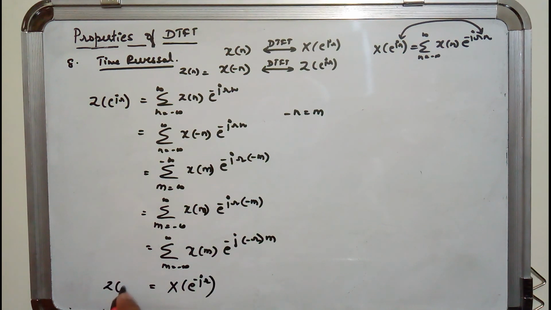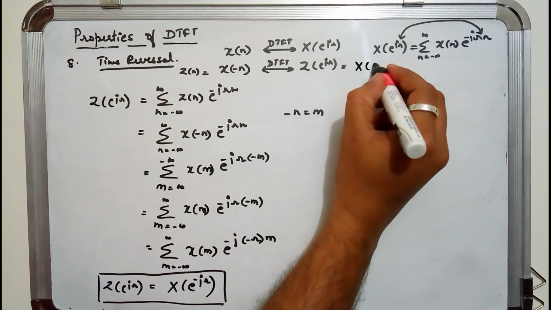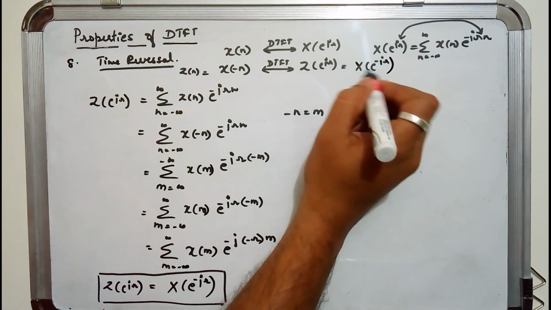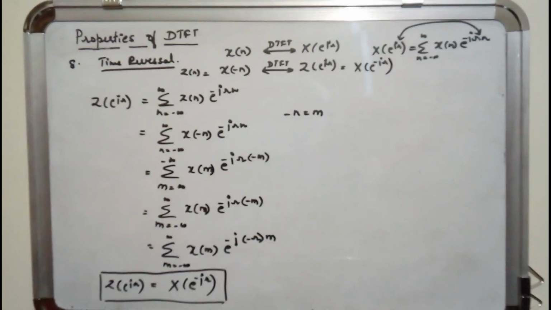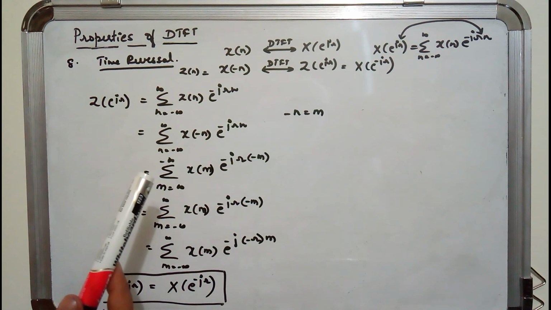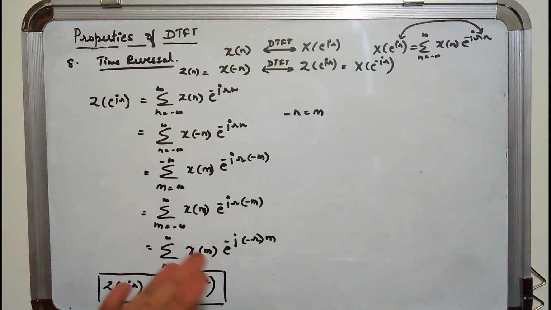That means if there is a time reversal in the input, there will be a corresponding reversal in the output as well. That means X of e power j omega will become X of e power minus j omega. So I've proved all the properties under DTFT. That means I've solved 8 properties which were very similar to CTFT properties. So thank you for watching.